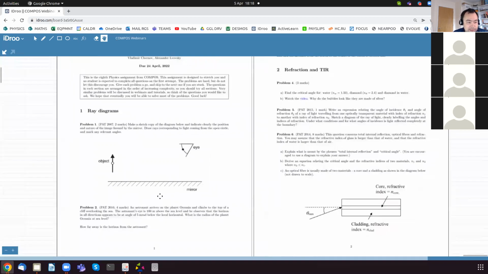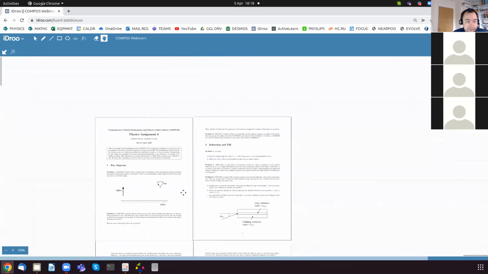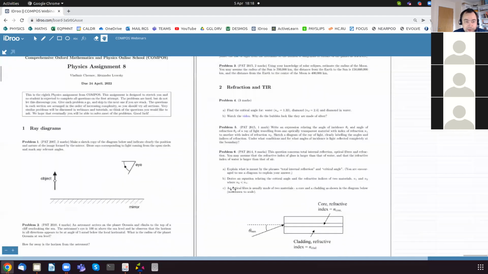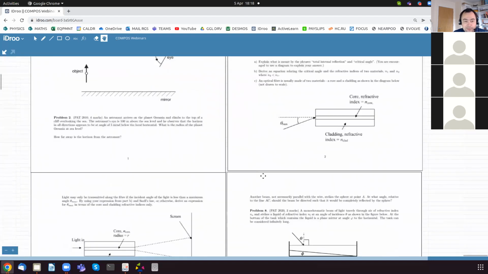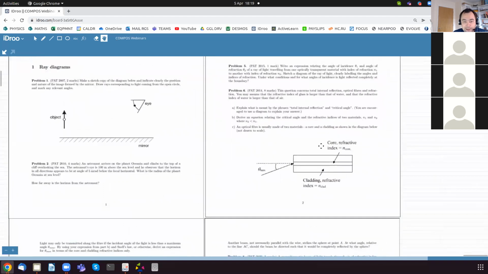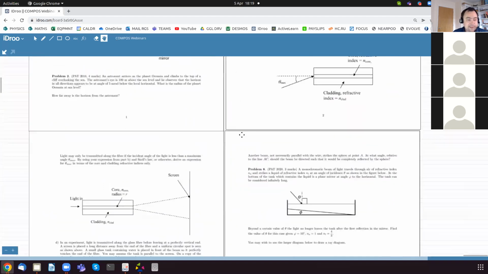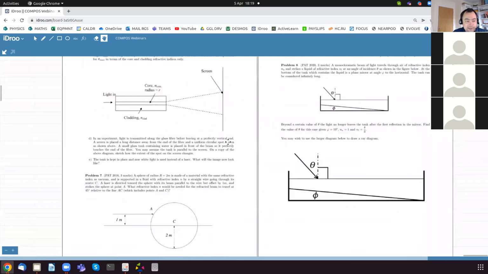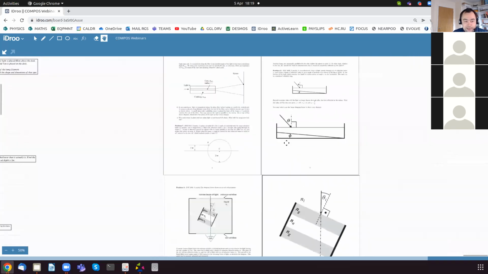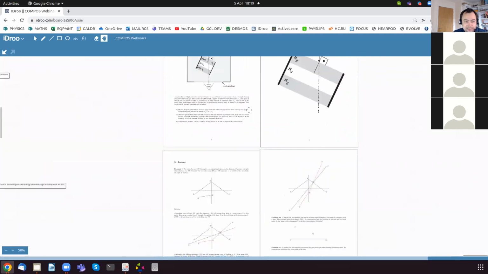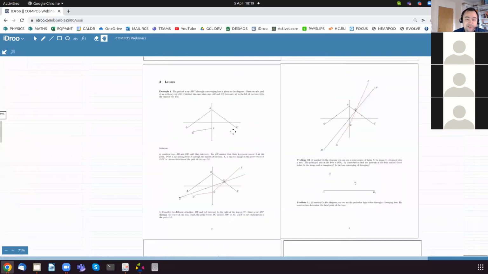Then you have some geometric optics, and most of them can be solved using diagrams. There are some questions about optical fibers, and then refraction again, lots of questions on refraction. And the most challenging questions are the lenses questions.